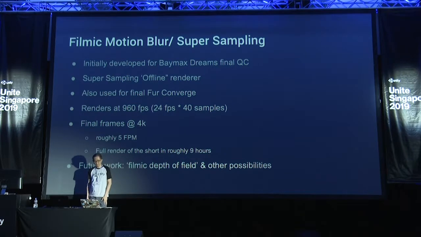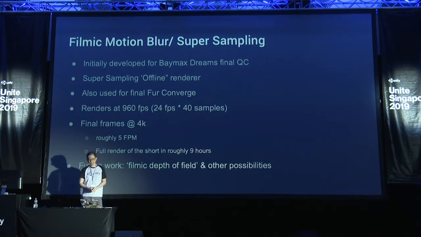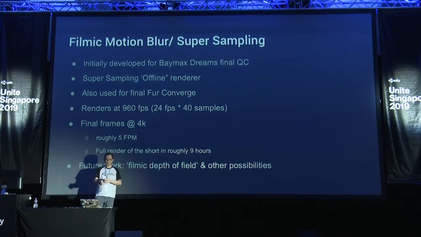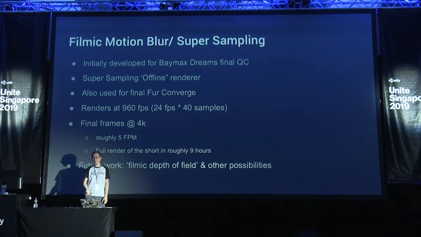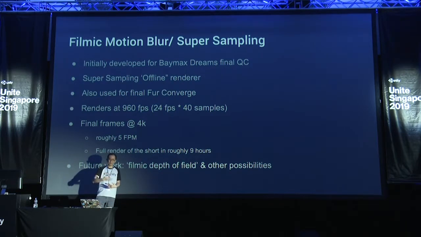So there's a filmic motion blur that the team created for this project. The idea is you dial it up to 11, right? You trade performance for quality. In this case, because the final outcome is a video, we're not really concerned about performance at runtime, real time. So we're not going to run it at 30 frames per second or 60 frames per second. We can sacrifice some of the performance for higher quality.